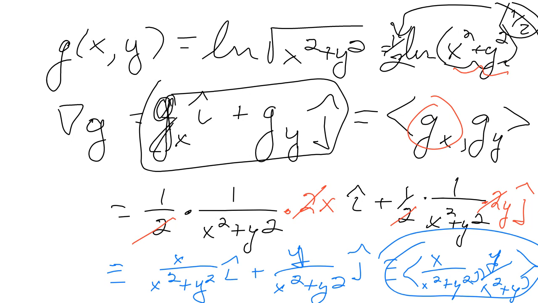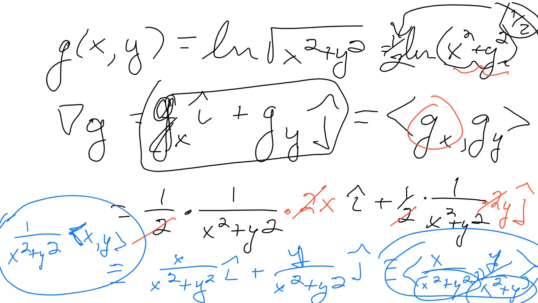Anyway, the other thing we could do, which I did in the notes there, is if you've got the same thing multiplied, I could factor out the 1 over x squared plus y squared, and write it as 1 over x squared plus y squared times, so scalar multiplication there, the vector xy.